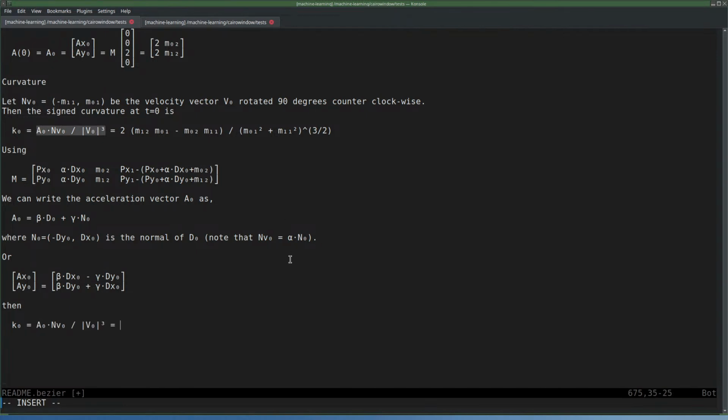It is AX0 times NVX0 plus AY0 times NVY0, divided by, yeah, it's just alpha to the power 3.